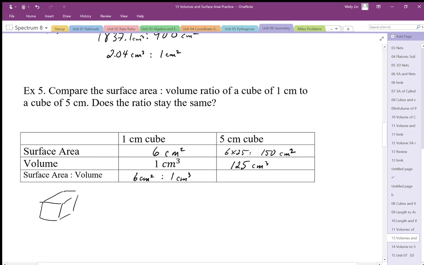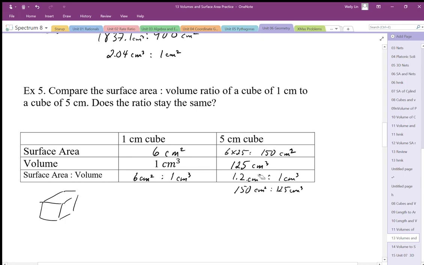And when I work out the ratio, I'm going to write it out as 150 centimeter squares to 125 centimeter cubes. Okay, now if I want to compare it to the other one, it's easier to do it as a unit rate. So I'm going to do 150 divided by 125. My unit rate is 1.2. So I get 1.2 squares of surface for every 1 cube of volume.